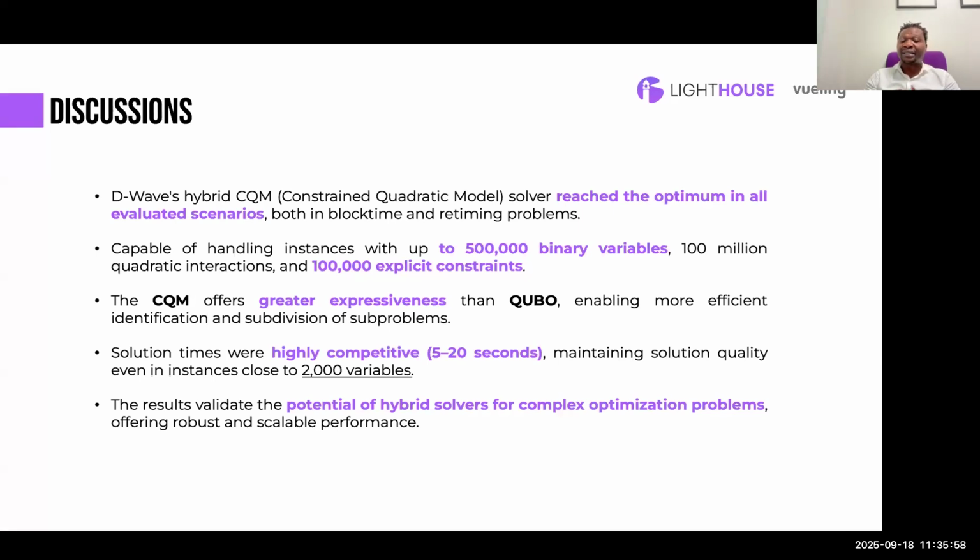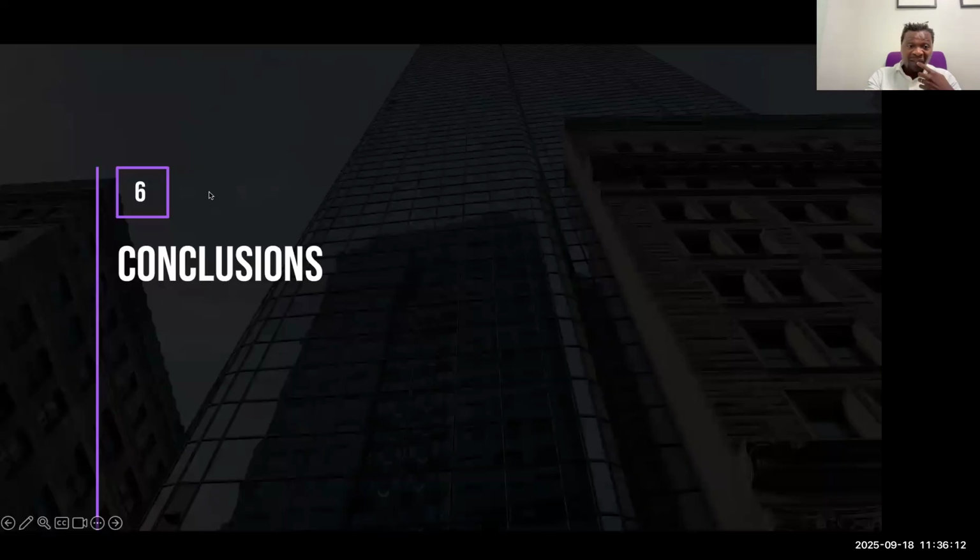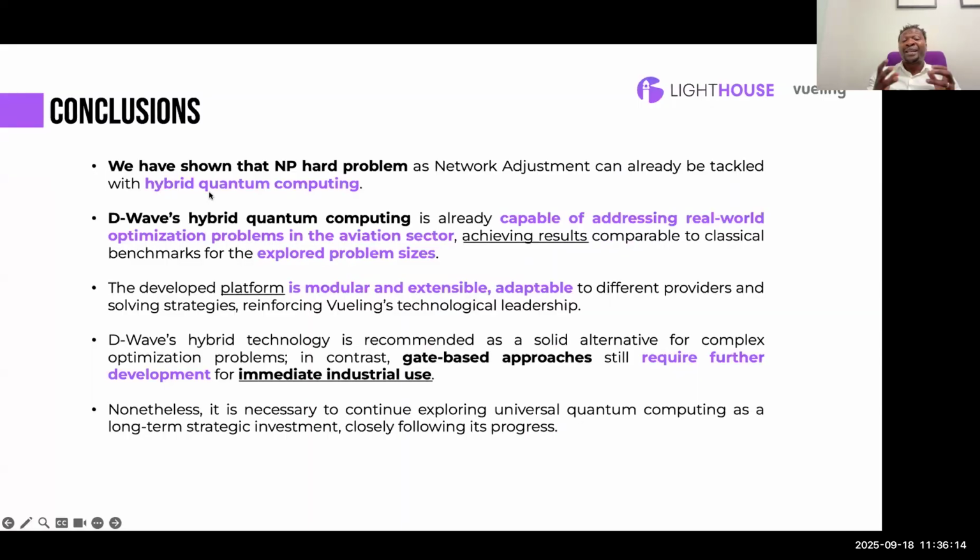And also, we already said that it is highly competitive in time and number of variables, and the result is showing that these problems are very robust and scalable in performance. As a conclusion, we have shown that the network planning optimization problem, which is a very NP-hard problem because it's the combination of several NP-hard problems, can be tackled with this hybrid quantum computation.